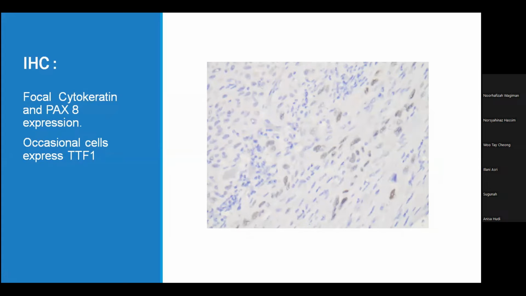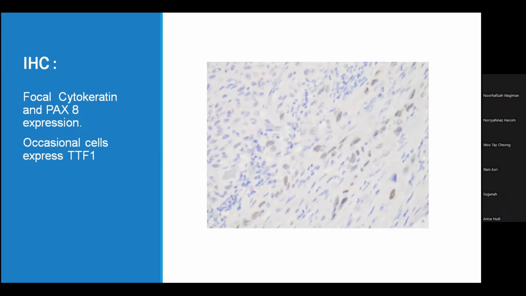My point here is that for anaplastic carcinoma, PAX8 can be a good marker for you to prove it, because most of the time thyroglobulin and TTF1 will be negative. And for cytokeratin, you have to do a panel of cytokeratin markers because they may be positive focally for certain cytokeratins only.